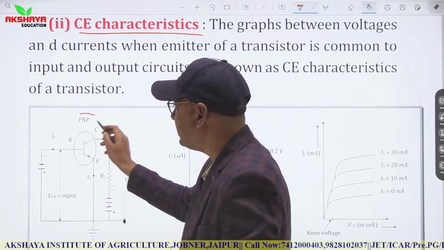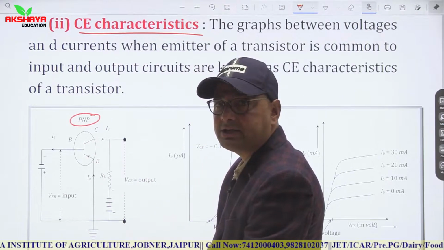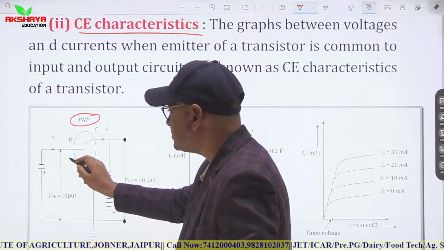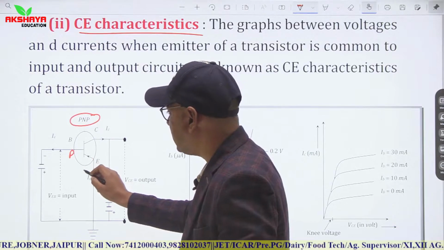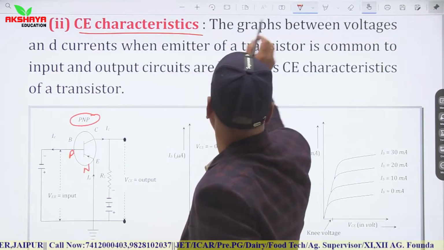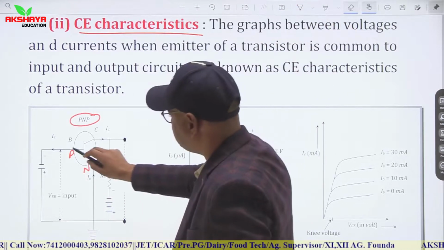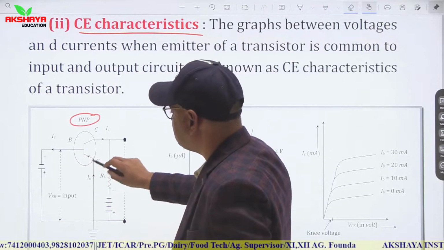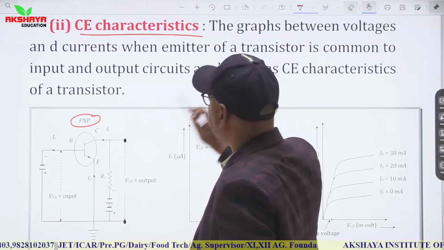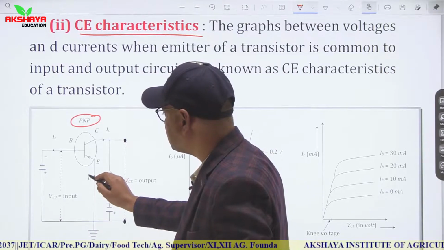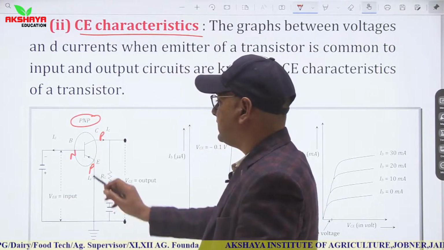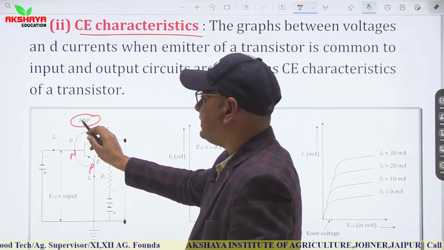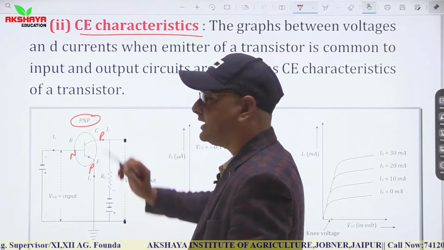Again, I am plotting it here for PNP transistor. So emitter is P, base is N and collector is P.